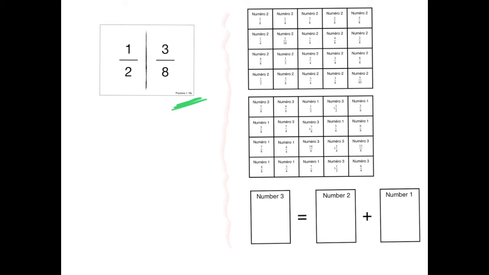There are also 2 activities, like the one on the right here, where students need to roll a 20-sided die or 2 10-sided dice, and it'll give them 2 fractions to work with. So for example, if a student rolled a 14, number 2 would be 3/4. And if they rolled a 2, they would get that number 3 is 9/8. And then they would have to work to find the missing addends.